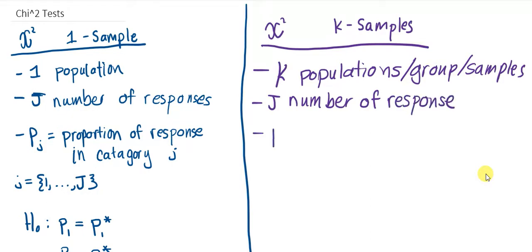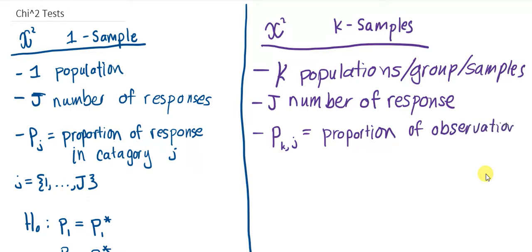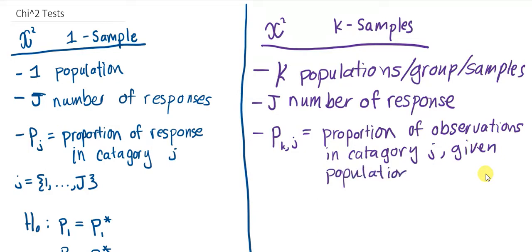And now we're going to introduce the notation p sub k,j, equal to the proportion of observations in category J given population k.